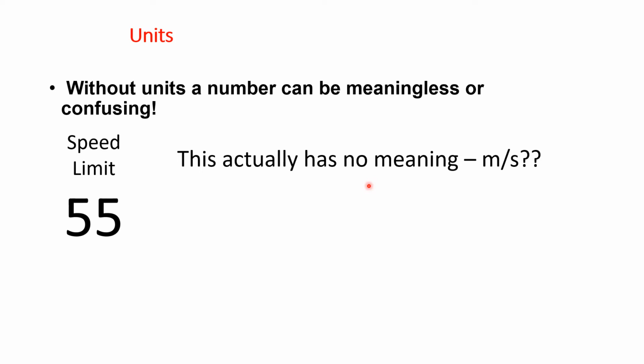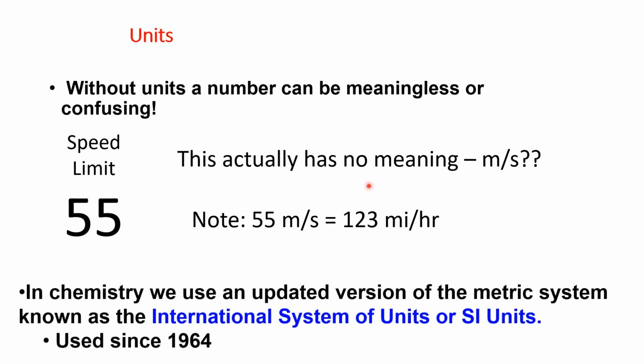Meters per second? Okay, cool. Speed limit here is 55 meters per second. That's going to be fun because that'll convert to 123 miles per hour. Now, yes, we probably all know that speed limit sign probably means 55 miles per hour, at least here in the States. But technically it has no meaning without putting units on it. I didn't risk it, so I don't know if a judge would agree with that or not. It's kind of 50-50.